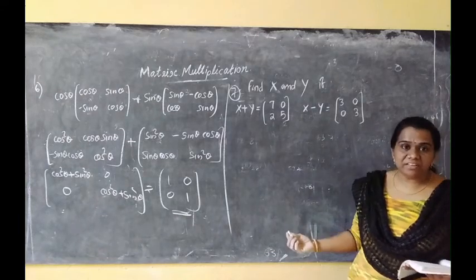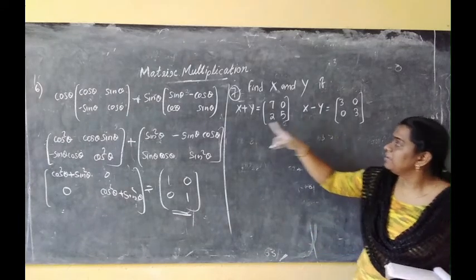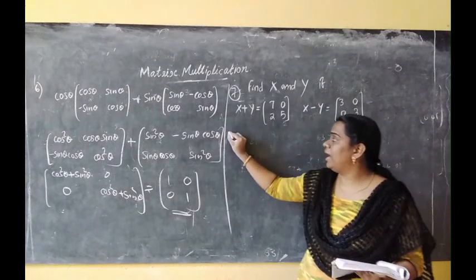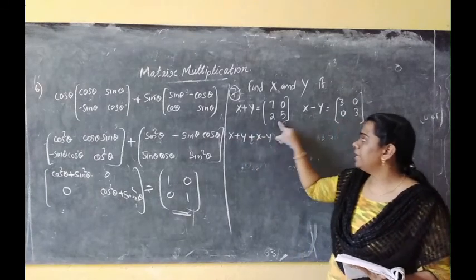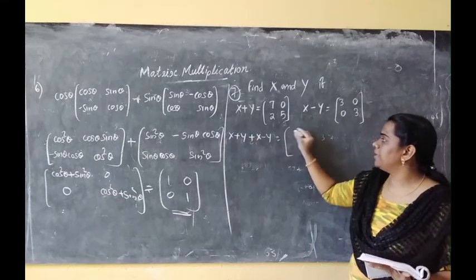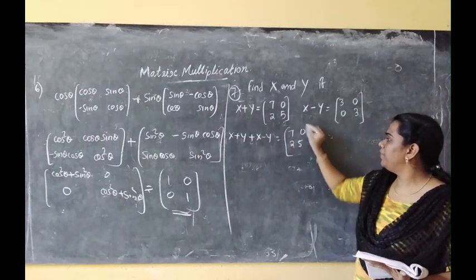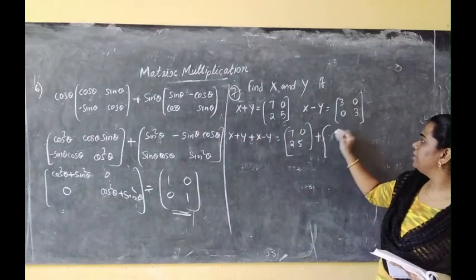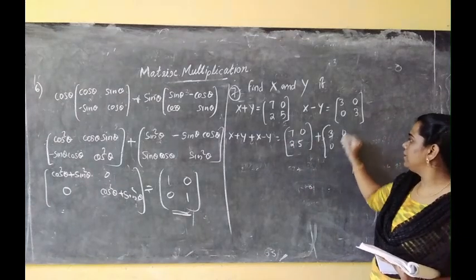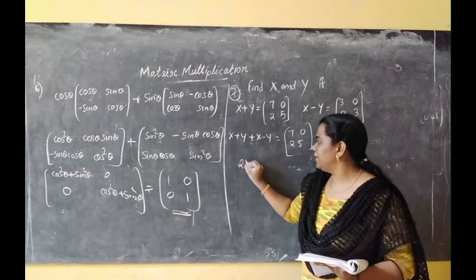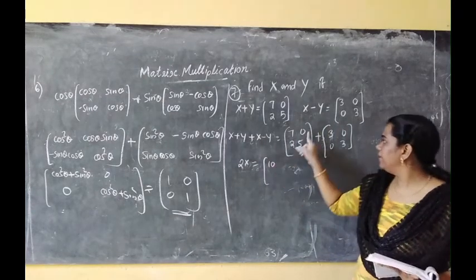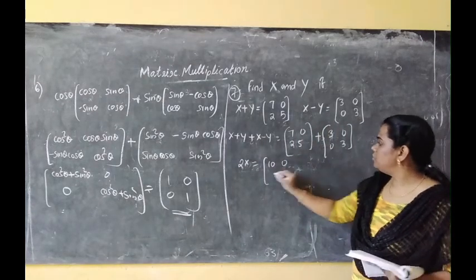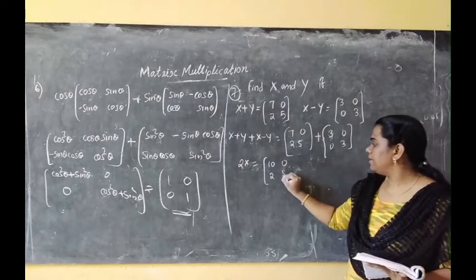So we can add them. What do we get on adding? These are equations now. Adding x plus y plus x minus y, the matrices can be added. X plus y, 7, 0, 2, 5, plus x minus y, 3, 0, 0, 3. That gives 2x equal to 7 plus 3, 10, 0, 2, 5 plus 3, 8.